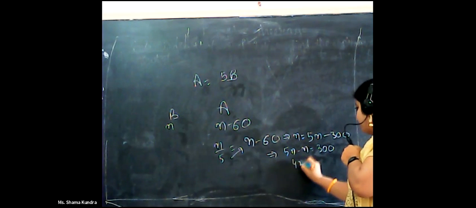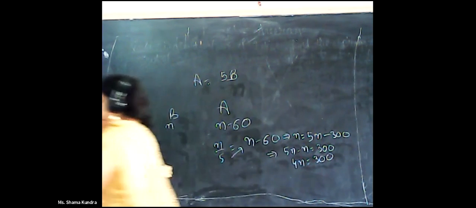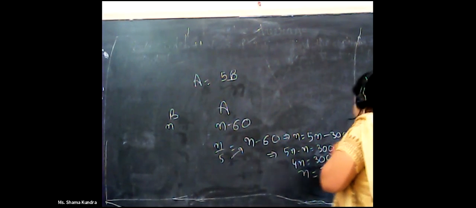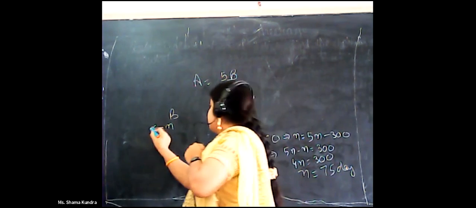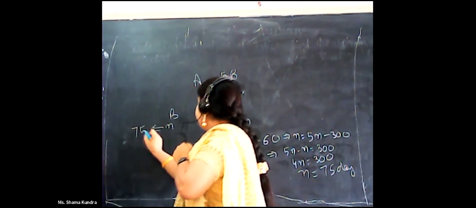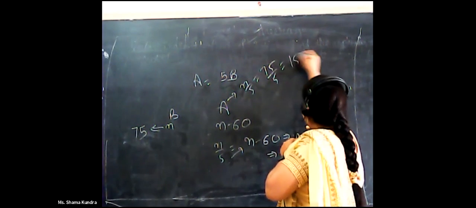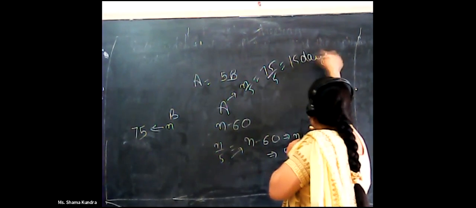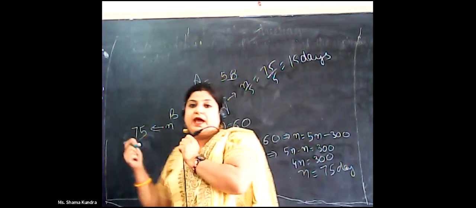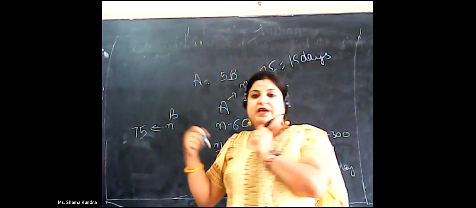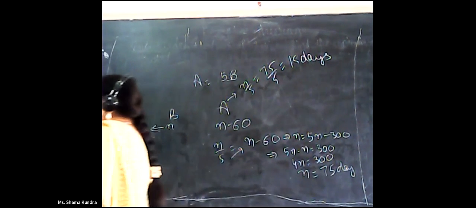You will get 4n equals 300, implies n equals 75 days. So n is 75 and A is n by 5, means 75 upon 5, which is 15 days. So A is taking 15 days, whereas B is taking 75 days.